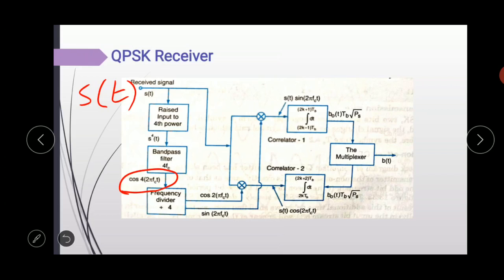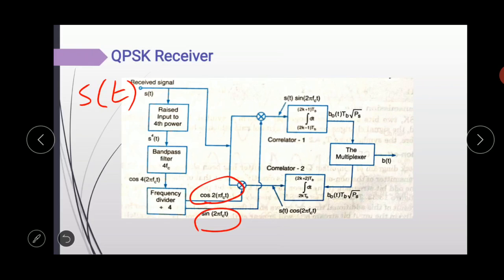Then the output of the band pass filter is applied to the frequency divider, which divides the frequency at the filter output by 4. The output of the filter divided by 4 generates the two carrier signals, that is sin omega ct and cos omega ct.